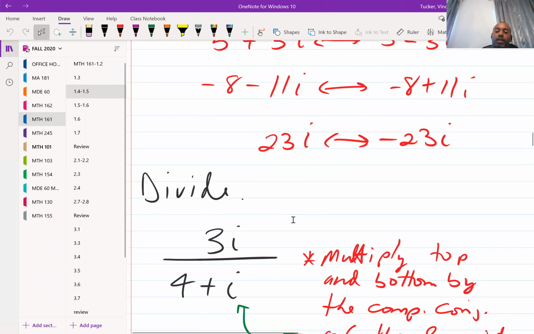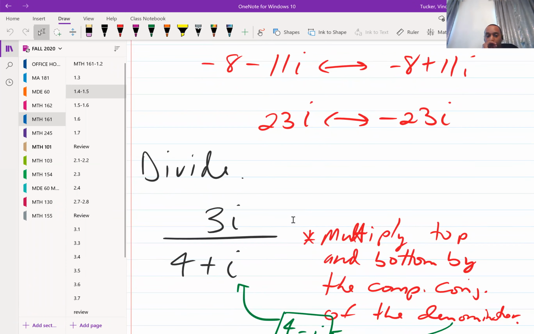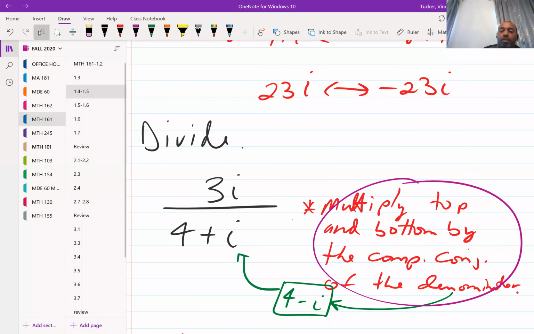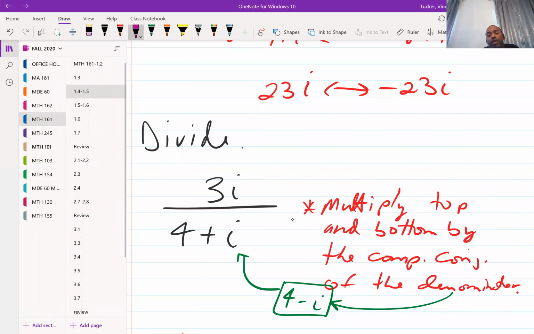The way we're going to take care of dividing these complex numbers is to multiply the top and bottom by the complex conjugate of the denominator. So that's what I said right here. We have 4 plus i in our denominator, so we're going to multiply top and bottom by 4 minus i.